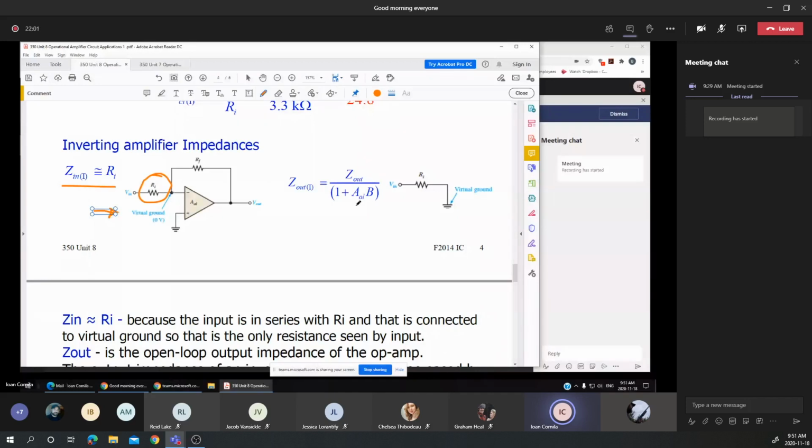In terms of the output impedance, it has almost the same configuration as the non-inverting amplifier.